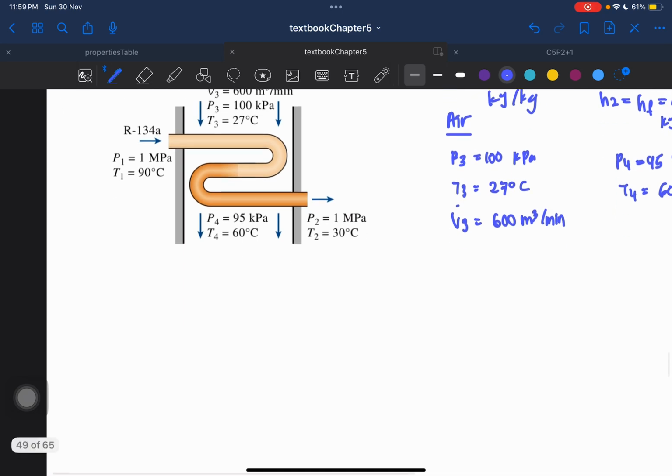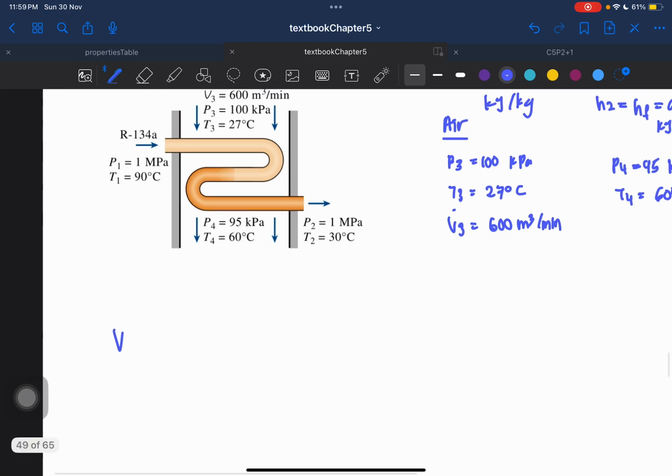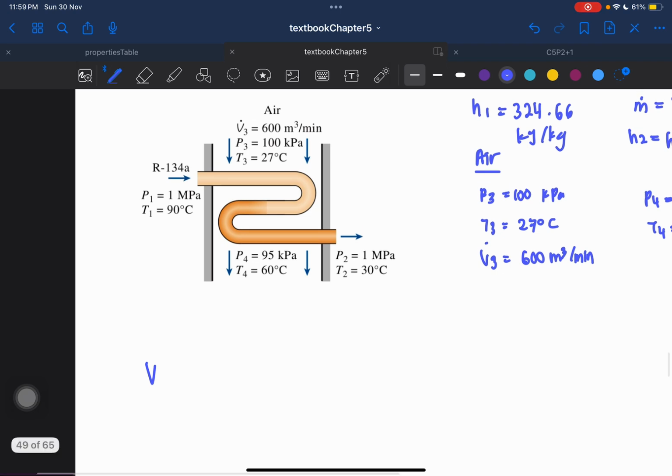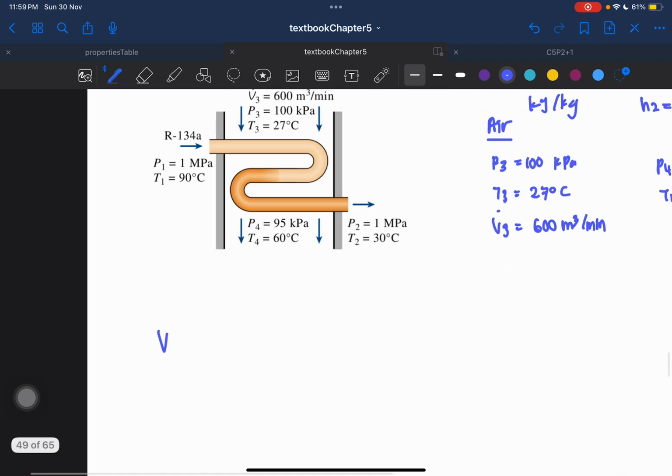Using the ideal gas equation, V3 is equal to RT over P1. Okay, and we just substitute the information.